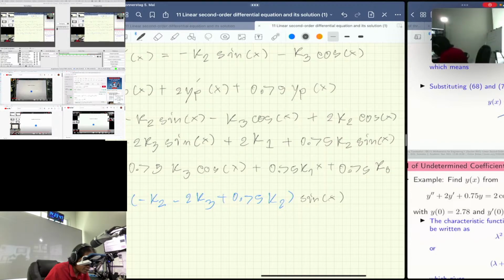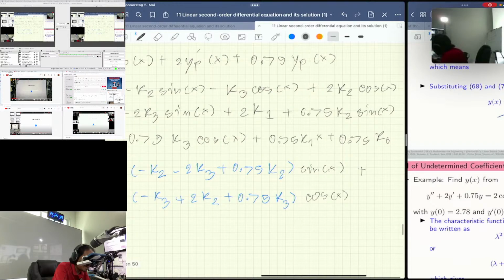For the cosine function, we also have 3 terms: first one is negative k3 plus 2k2 and plus 0.75 k3, and cosine x.